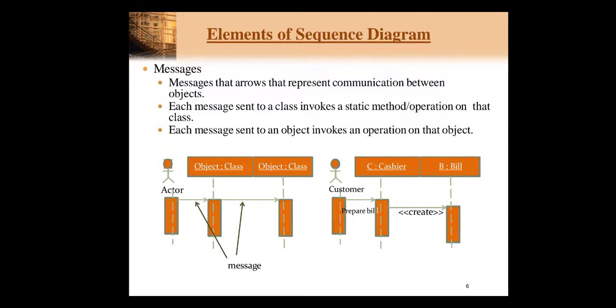Each message sent to an object invokes an operation on that object. Whatever message is sent by one object to another object invokes a specific operation on that class. Now look here at the line between these 2 objects, the actor and the object. This horizontal line is nothing but a message. That is where the communication between 2 objects takes place.